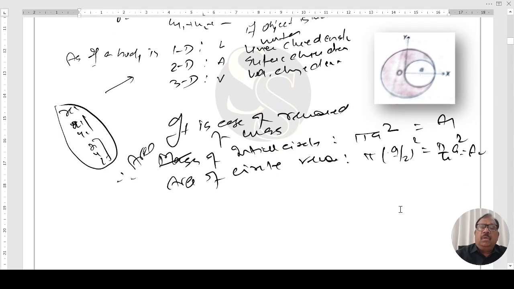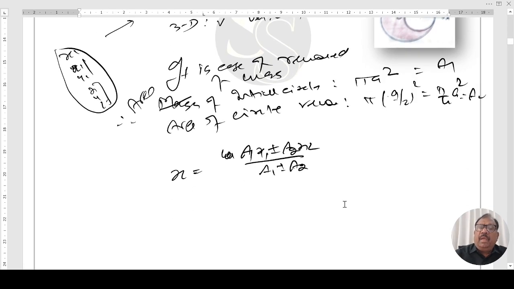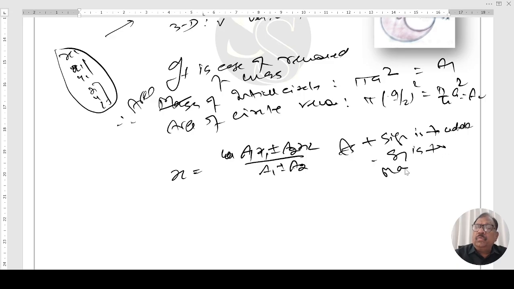Right? Now, center of mass x will be equal to A1 x1 plus or minus A2 x2 over A1 plus or minus A2. The plus sign is for added mass, and the negative sign is for mass removed. Right?